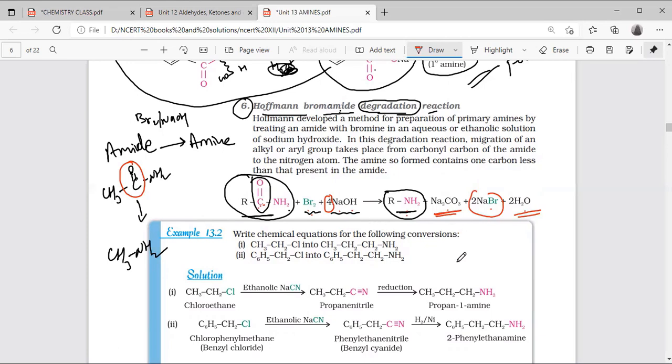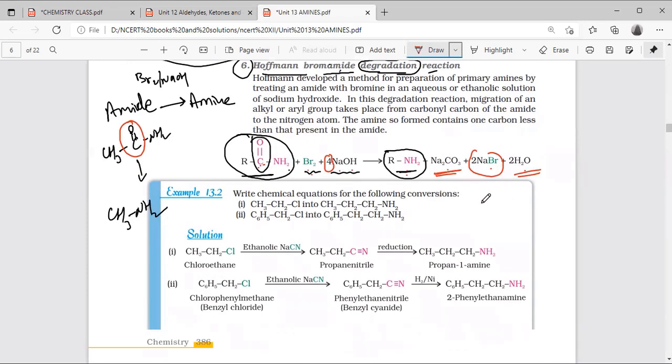Okay, so once again, recapitulation. What we did initially: we took nitriles, and the nitriles are directly reduced by palladium and hydrogen. Then we did NH3 reaction with RX. Then cyanide, where nitrogen is already there, just reduction only.